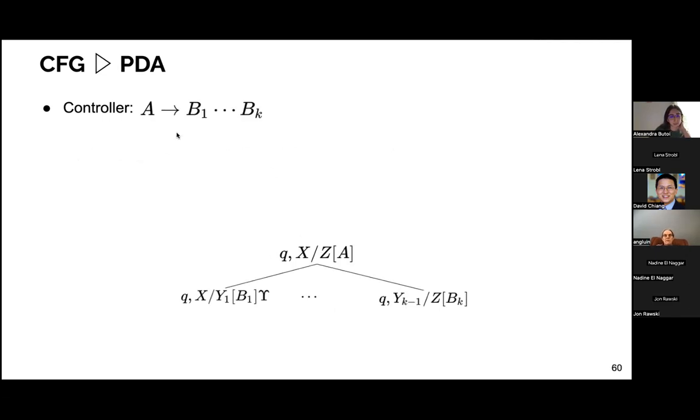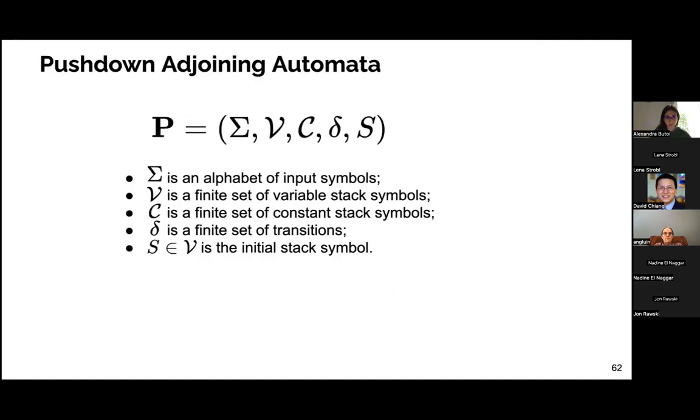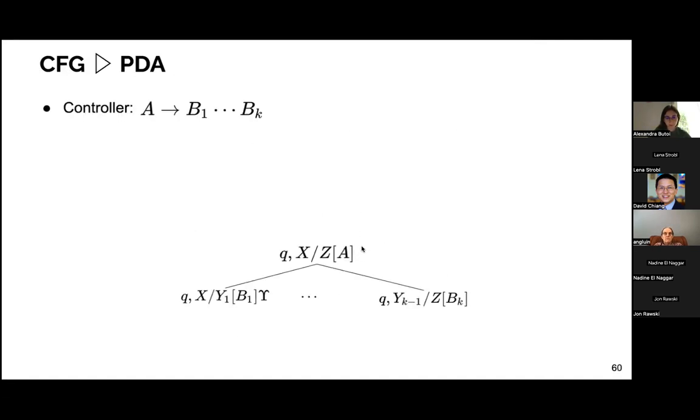And the last case is where we apply only a rule of the controller, which is just A gets rewritten as B1 to BK, and the subtree that's generated by this rule has this form. So if you're in state Q, and then we have a stack symbol X / Z augmented with the symbol A, then, okay, I think this is a bit wrong because, oops, this should be followed by epsilon.